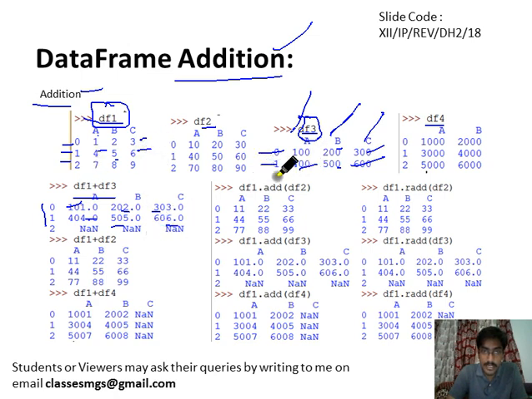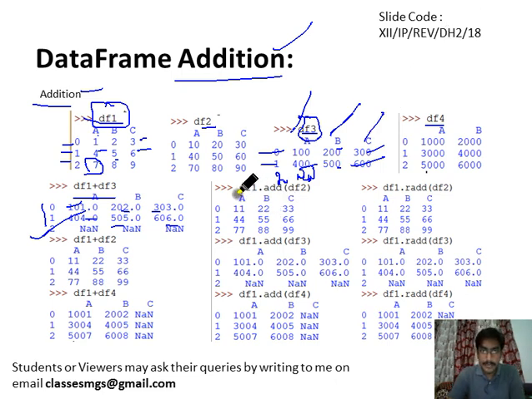We don't have the second row here, so by default NaN values will be considered, and if we add anything with NaN, then NaN will be populated. So on the second row NaN will be populated for all these values.